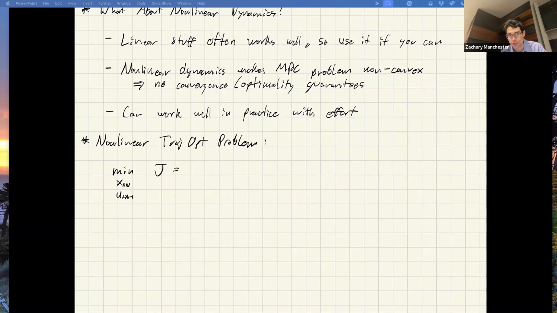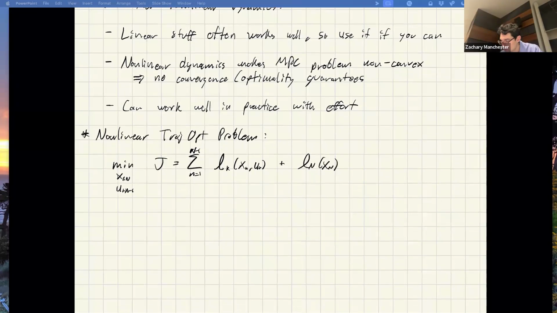But now our cost function, instead of just being quadratic, although we still often use quadratic cost functions, is going to have a more general one-step cost, L sub k, of xk, uk, and then a terminal cost, L sub n, of xn. So that's a general cost function. It can be non-convex in general, but often we still use quadratic ones because they're convenient.